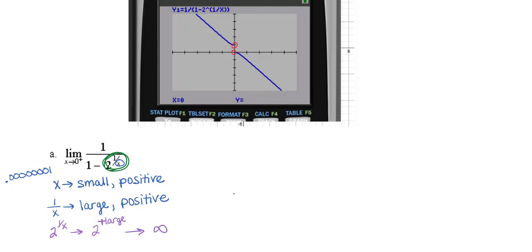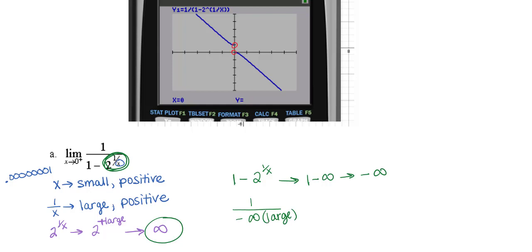That leaves me with, in my denominator, 1 minus that 2 to the 1 over x, which we just said is approaching infinity. 1 minus infinity is going to approach negative infinity. All right, so that's my denominator. So really I have 1 over negative infinity, or 1 over negative large. And 1 over negative large is really, really small.